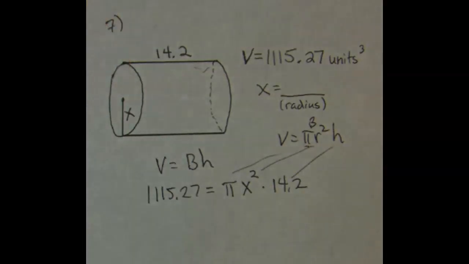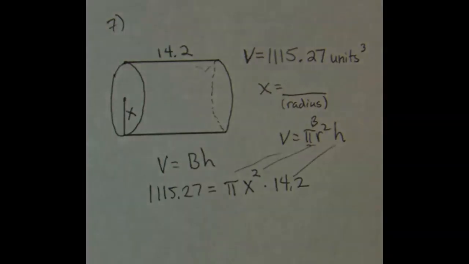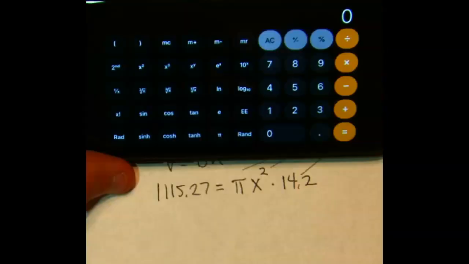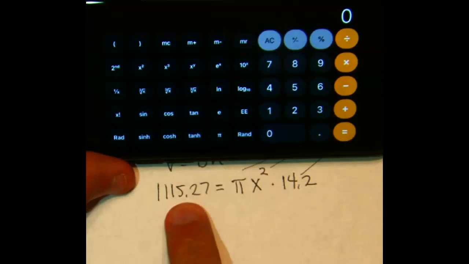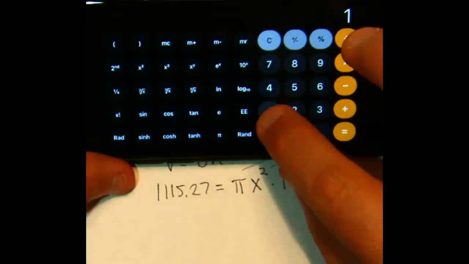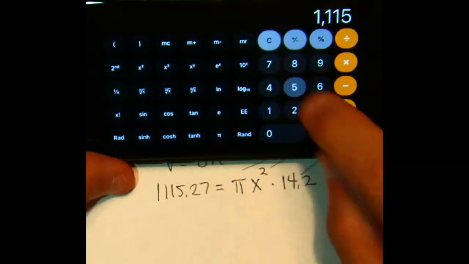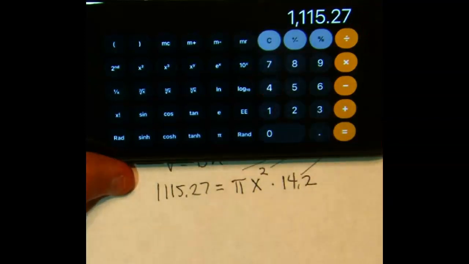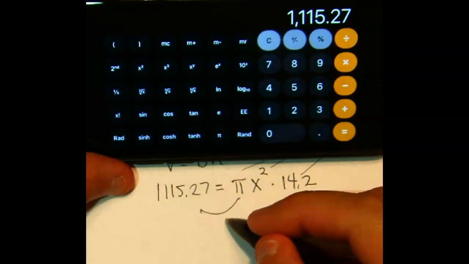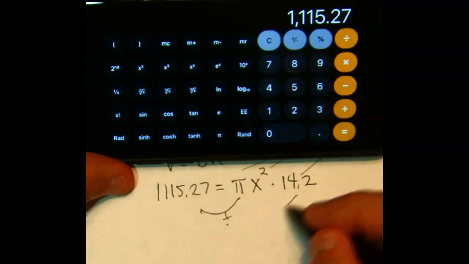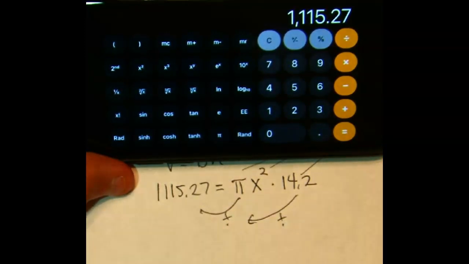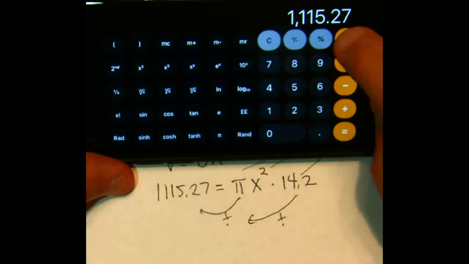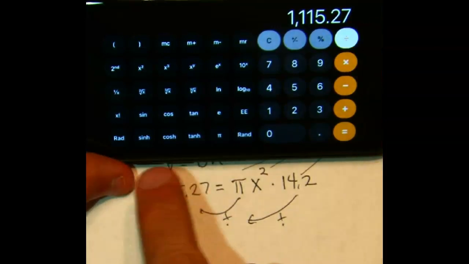Now, when you're working this problem, this is probably going to be the best way to do it. Take your calculator, put in the volume first, 1115.27. Then you are going to divide by pi, and you're going to divide by 14.2. So let's divide it by pi.